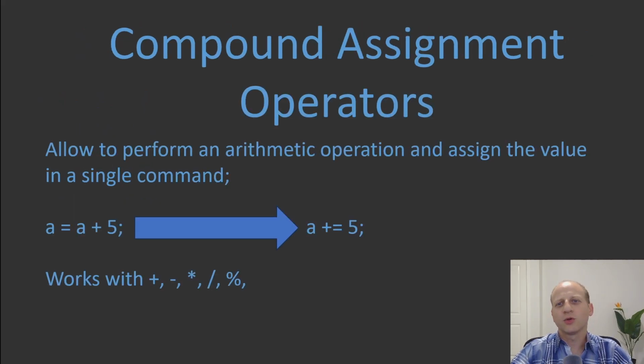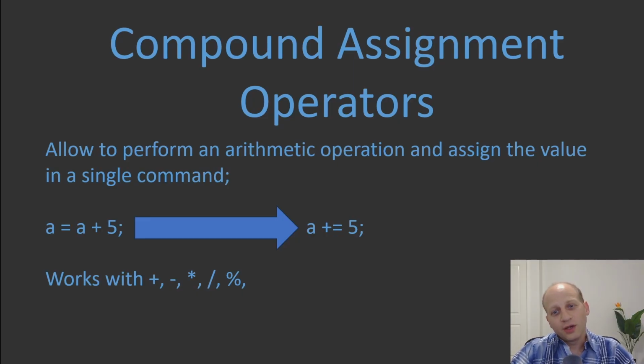Now consider that we have a variable named a that had a value, and we want to add 5 to that variable. In such a case, we would do the following. a equals a plus 5.